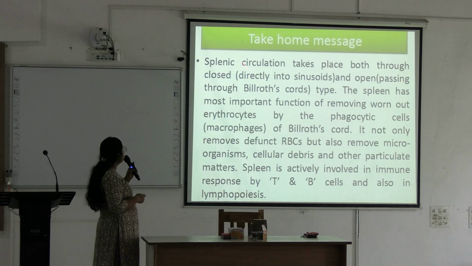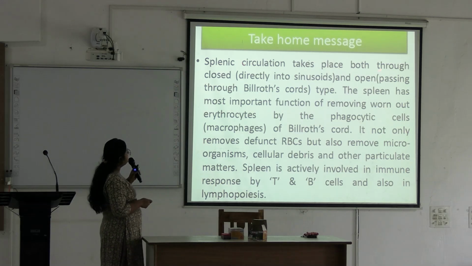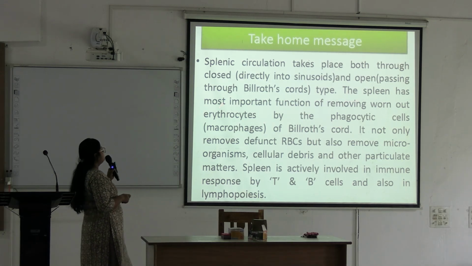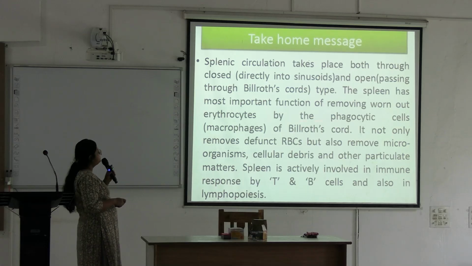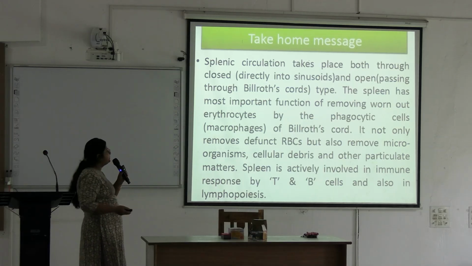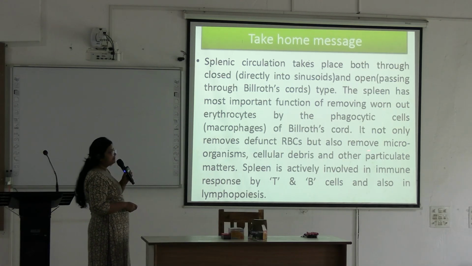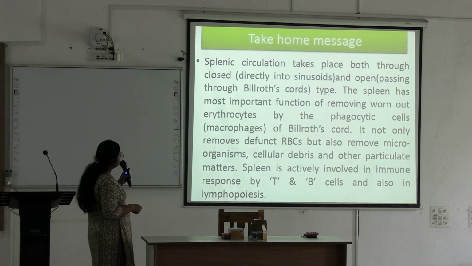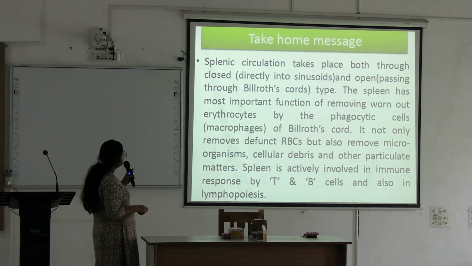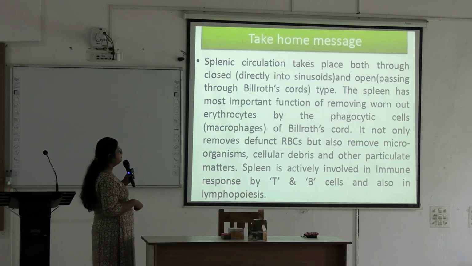So this is the summary. Splenic circulation takes place both through the closed circulation directly into the sinusoids and through the open circulation passing through the Billroth cords, and the spleen has the most important function of removing the worn out erythrocytes by the phagocytic cells, those are macrophages of the Billroth cord, and it not only removes the defunct RBCs but also removes the microorganisms, cellular debris and other particulate matter.